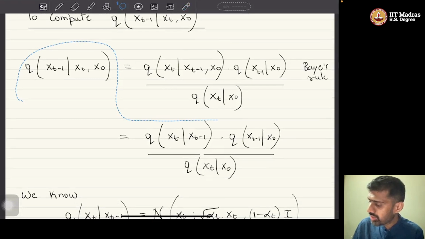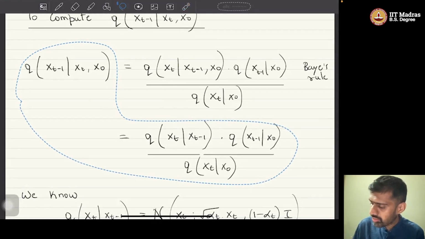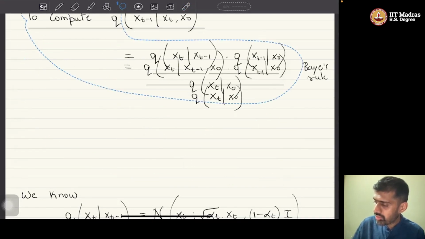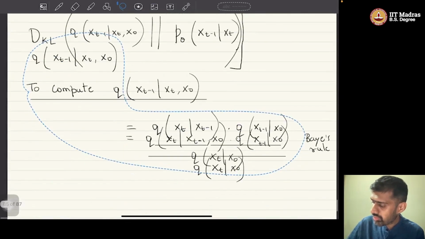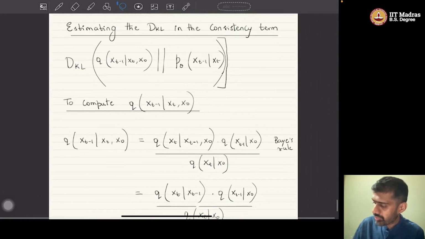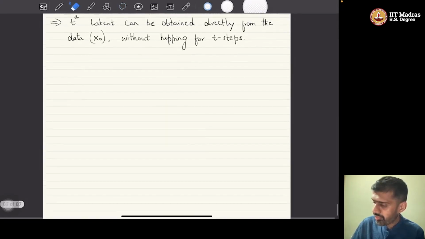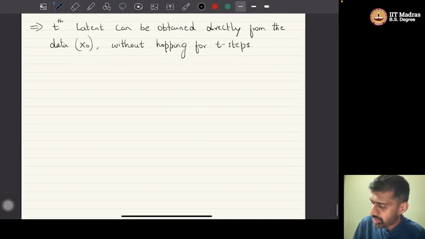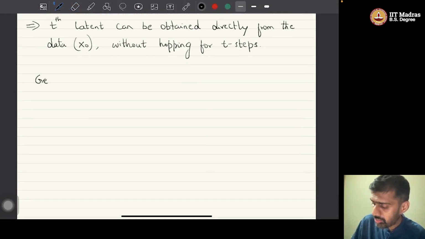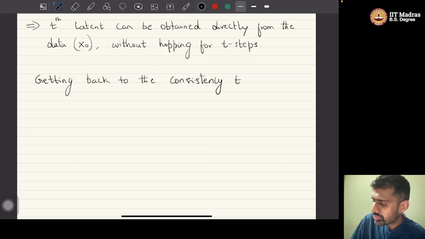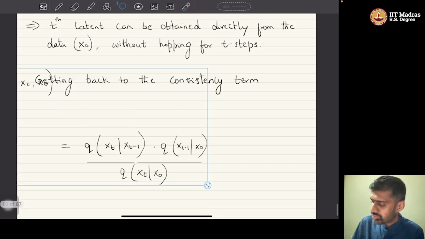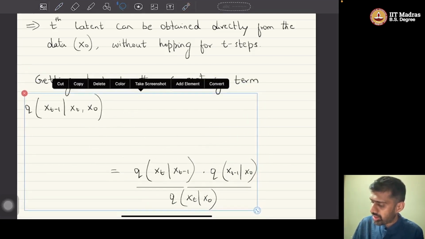Getting back to the consistency term. So we simply wanted this particular term to be computed, right?